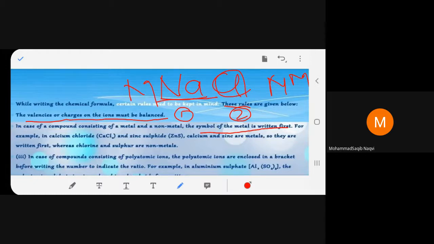In CaCl2, we can see Ca is metal, Zn is metal, right? So they come first because they are metal. What are non-metals? Chlorine and sulfur. So they come next. Is this clear?